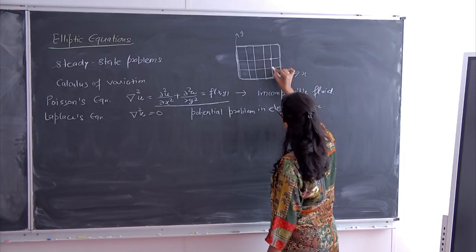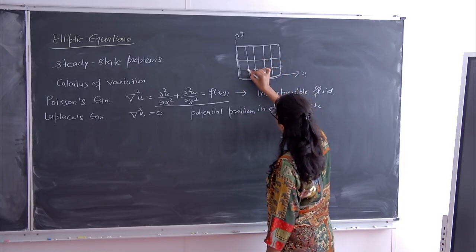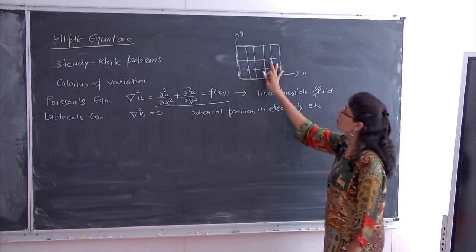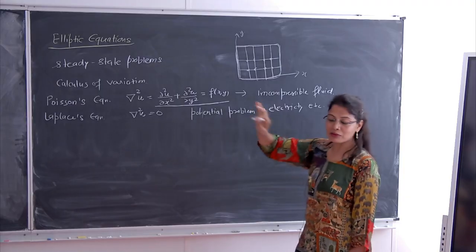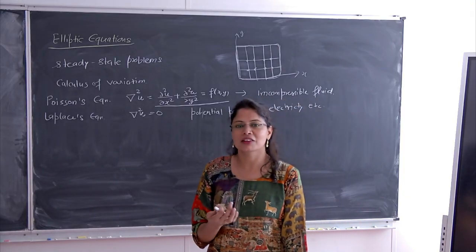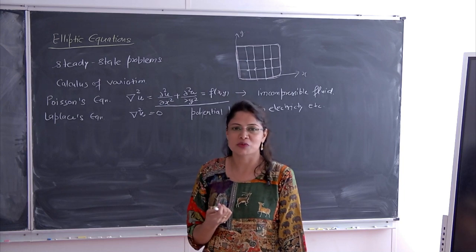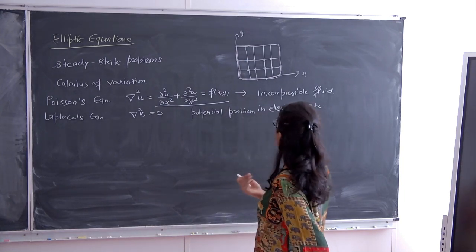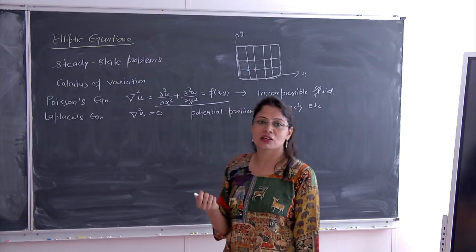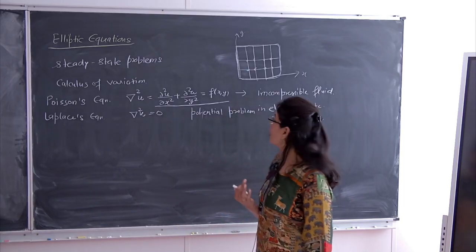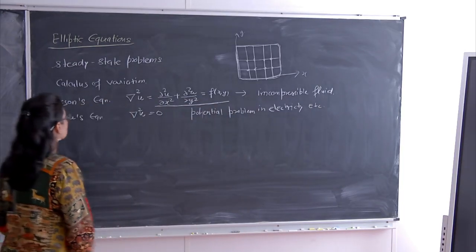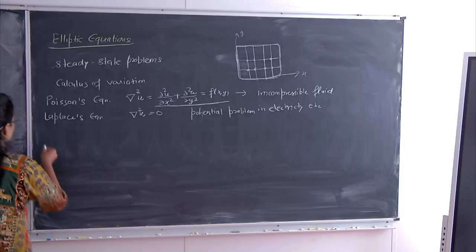I have to find the solution at all the node points. If I take this particular domain, we have 8 unknown points where I have to find the solution, so we get a large system of equations with 8 unknowns. It can be a little tricky and lengthy to solve elliptic equations. So let us start with the finite difference method for this.